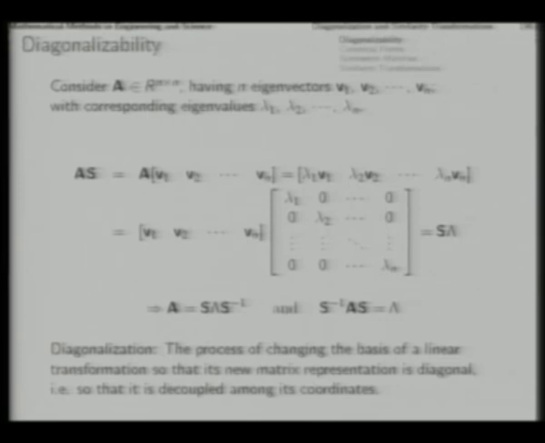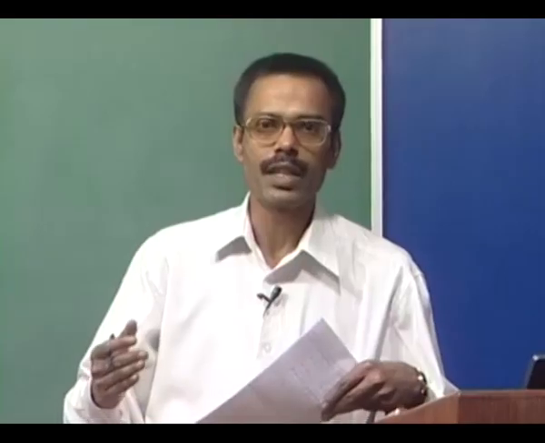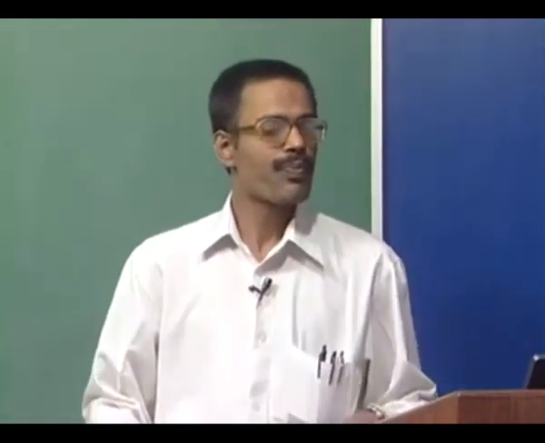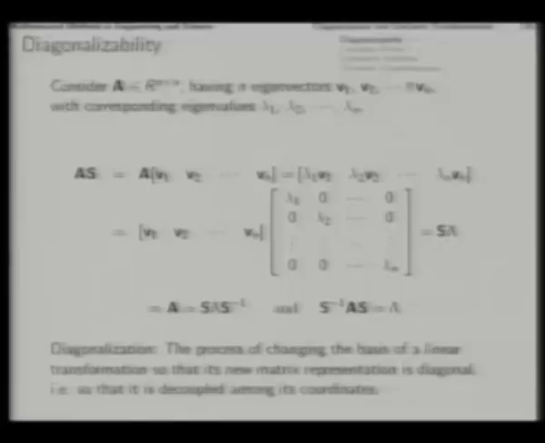What was the necessary condition for this to happen? The necessary condition was just this, that is, the matrix has n linearly independent eigenvectors, or we can say the matrix possesses a full set of n linearly independent eigenvectors. So, this was the only requirement for this diagonalization to be possible.